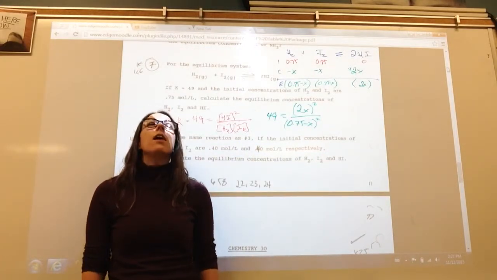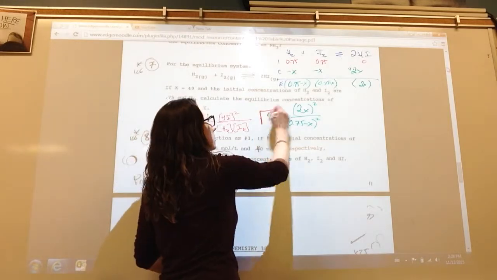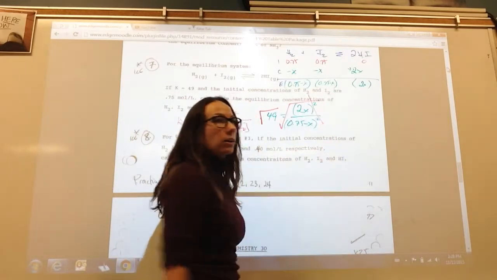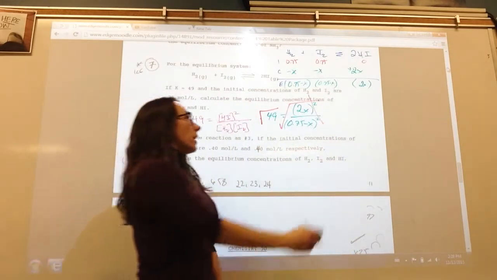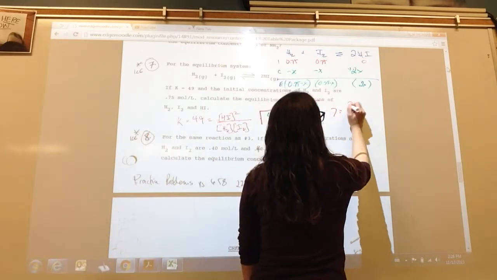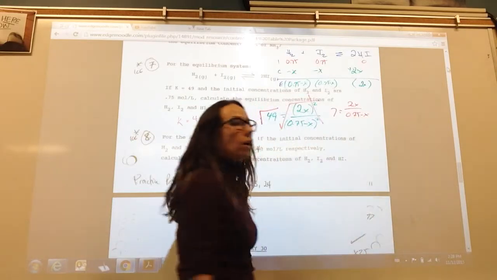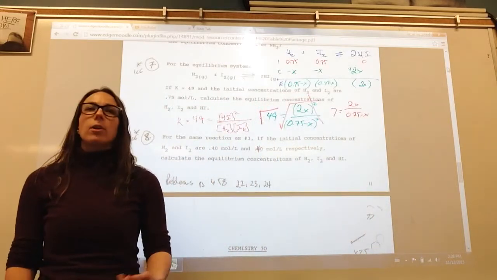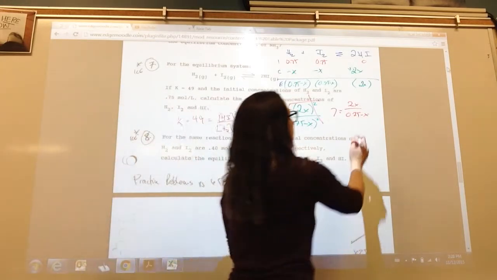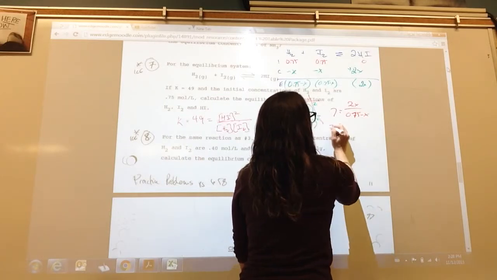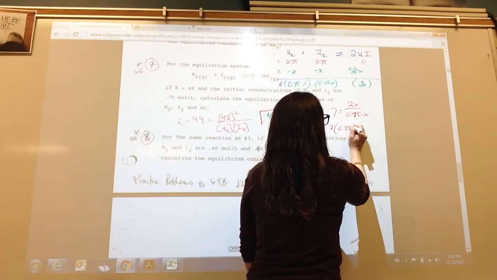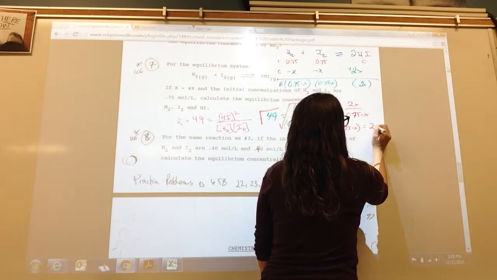I can square root both sides. Boom, gone. So then I have 7 equals 2x over 0.75 minus x. Hurrah, x squared's gone. I'm going to take both sides and multiply by 0.75 minus x. So 7 times 0.75 minus x is equal to 2x.